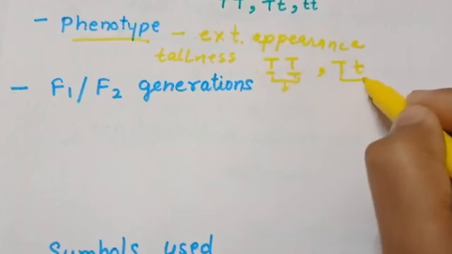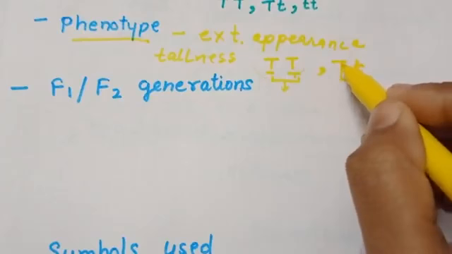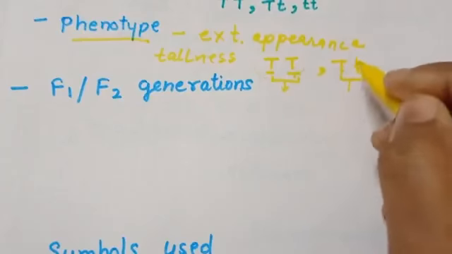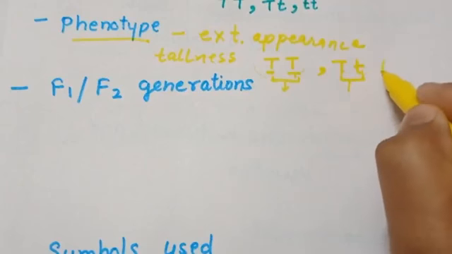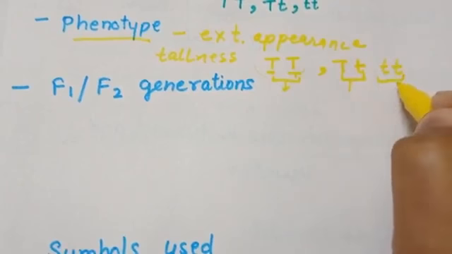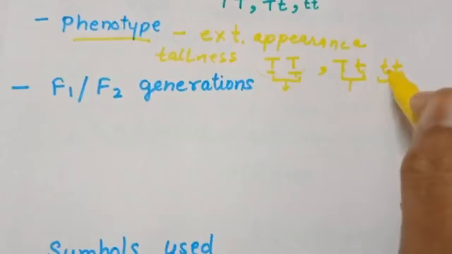Here also, if one capital T is present, which is dominant, because capital Ts are always dominant, the plant will again be tall. If the genotype is small t and t, this pair tells us that there is a pair of recessive genes.